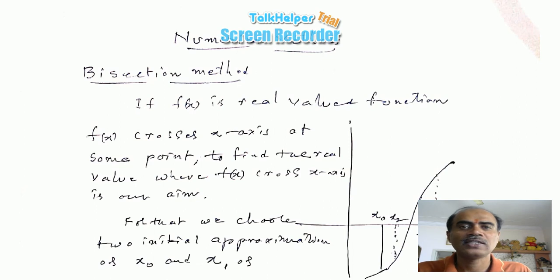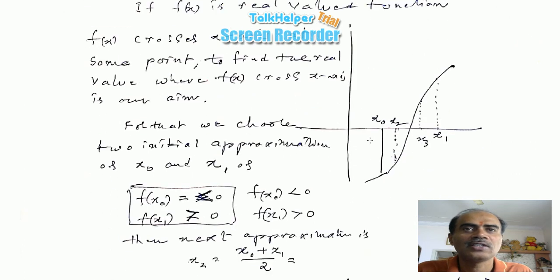Suppose f of x0 is negative, it is below the axis, and f of x1 is positive. So here the curve crosses the x-axis. This is the value we require to find in this method.